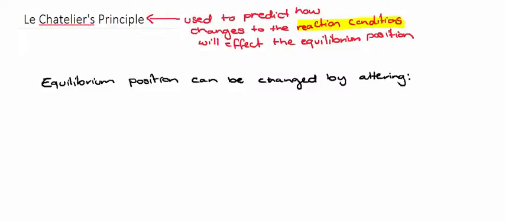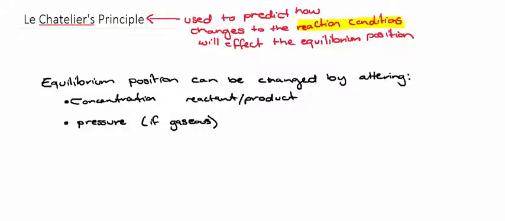The equilibrium position can be changed by altering the concentration of either the reactant or the product, the pressure if the reaction involves gaseous reactants or products, or by altering the temperature.